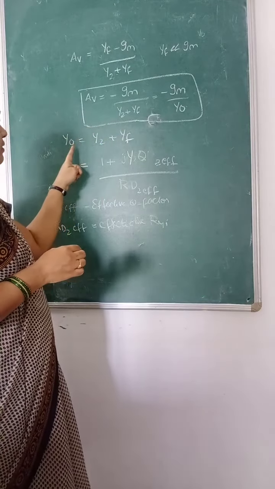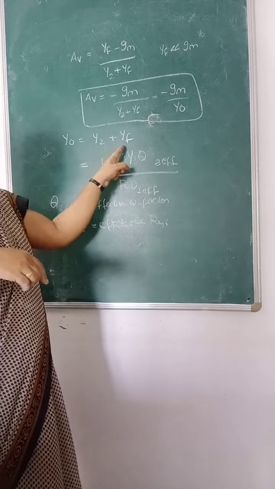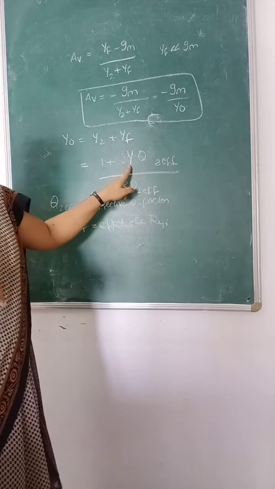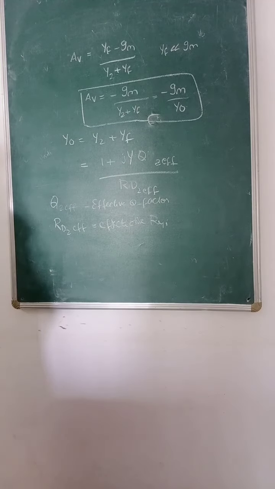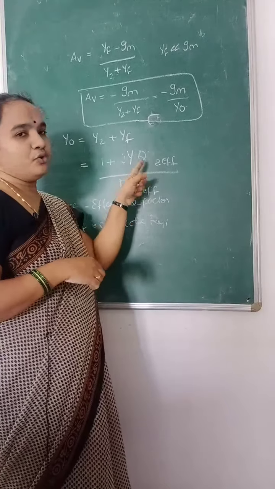So what is Y0? Y0 is nothing but the output admittance plus feedback admittance, that is 1 plus jy, here y is the input admittance, and divided by Q factor.